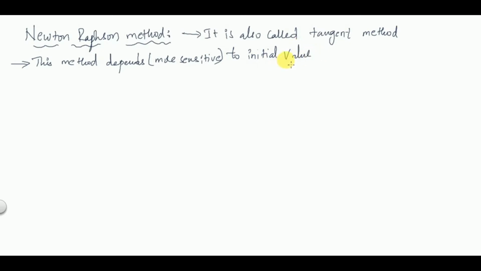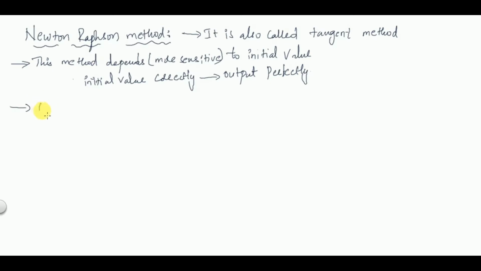That means if you choose the initial value correctly, then it will give you the output perfectly. Okay, it is more sensitive to initial value.